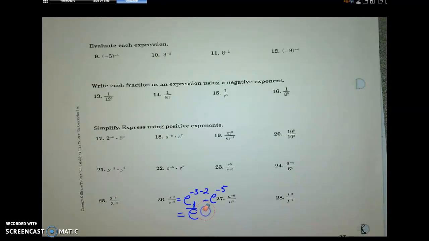Let me erase that. Okay, so that gives me 1 over e to the 5th power. I'm going to erase that so I can rewrite it neatly. Okay, 1 over e to the 5th power.